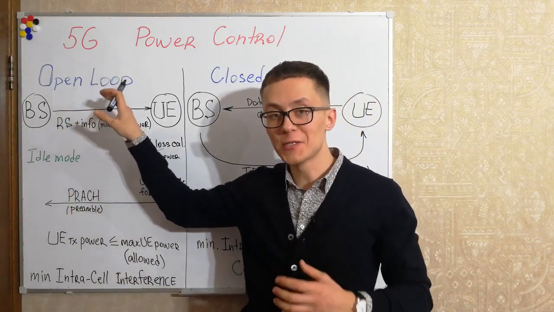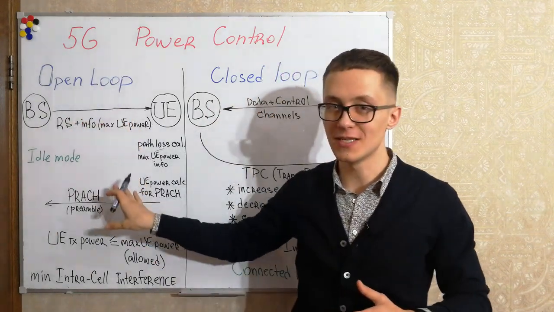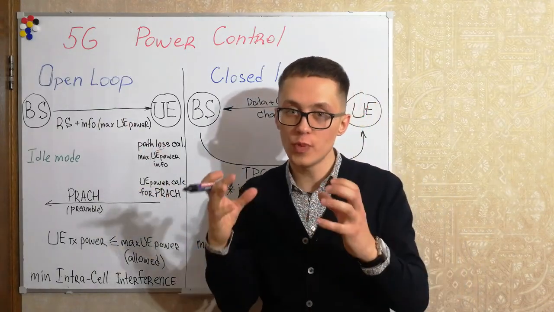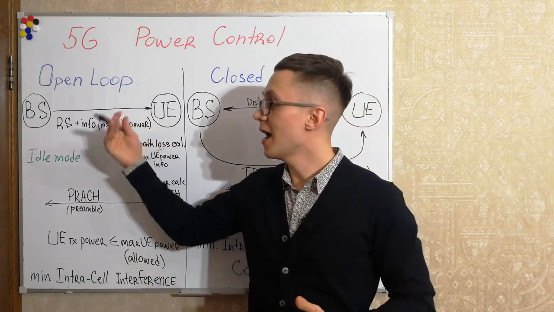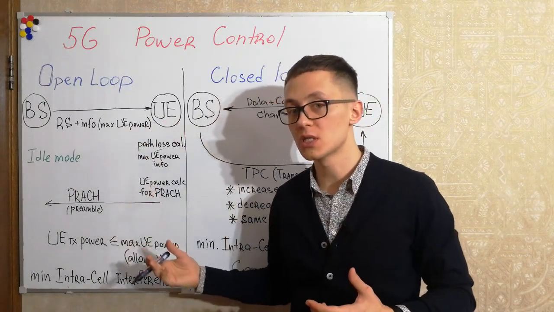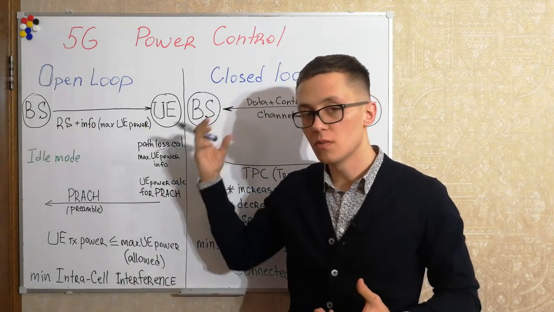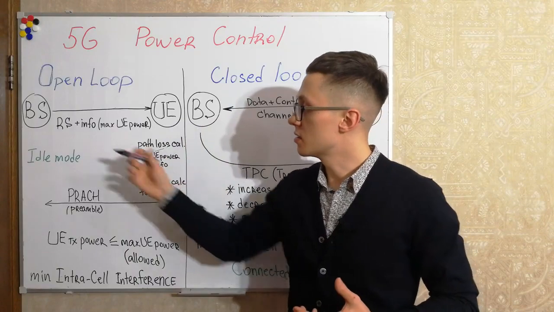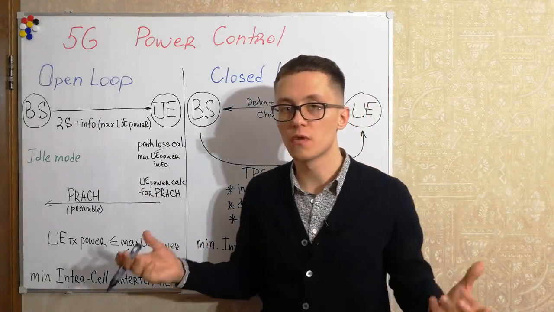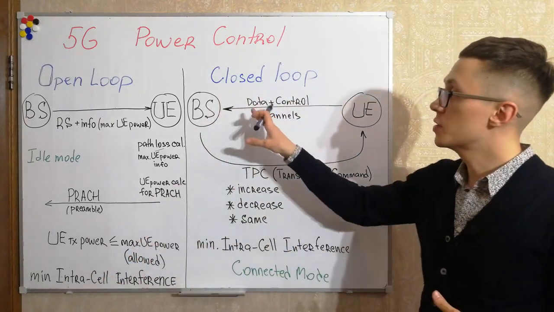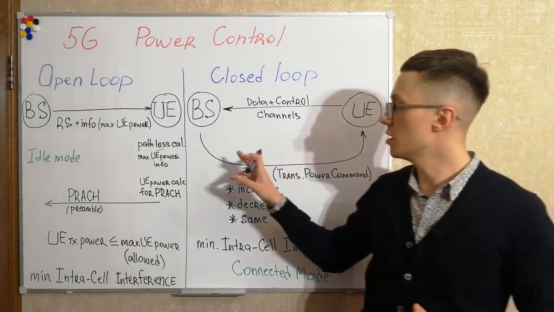It can be quite confusing because there is no loop, as you can see. There is no feedback, because a loop is when we have feedback, but here there is none. There are only indirect commands, we can say. User equipment can only use reference signals and information from the base station. That's the only thing.